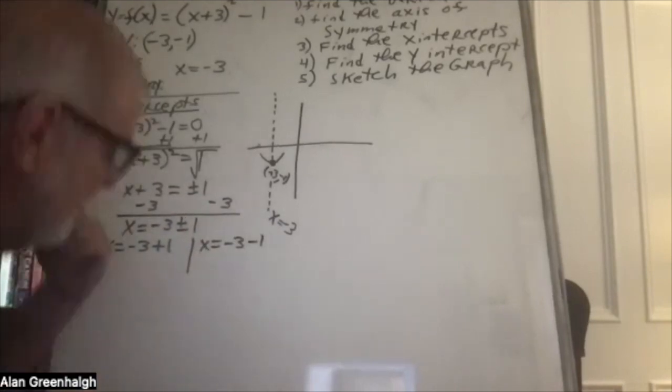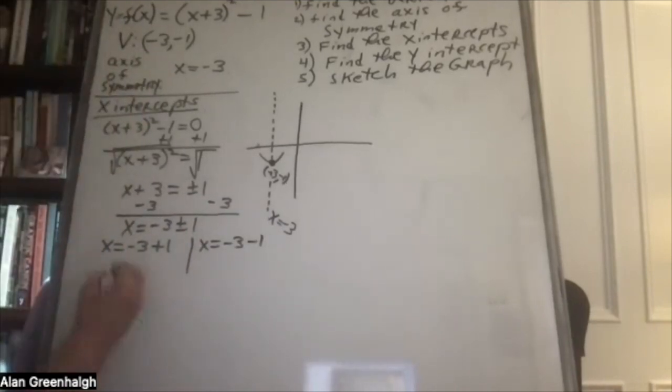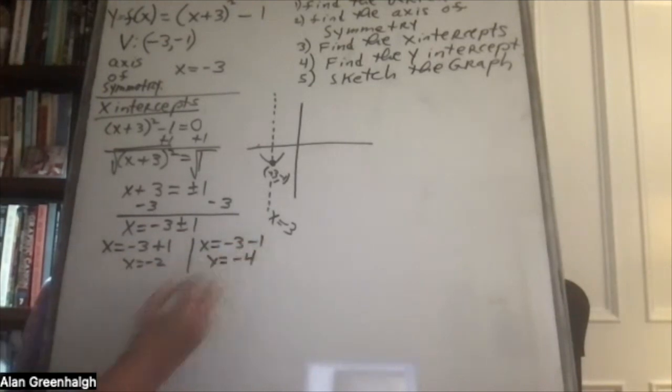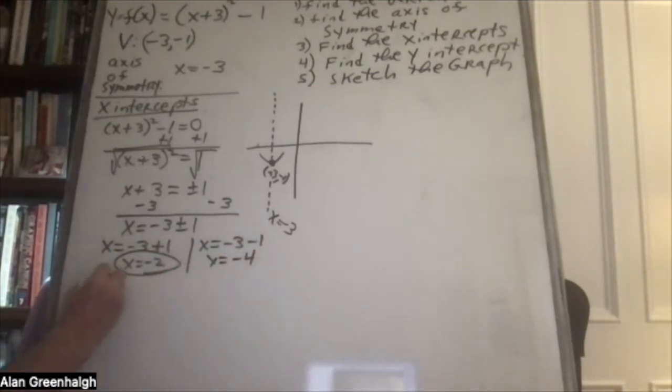Does that make sense? Yeah, it does. Well, let's continue. Let's not get carried away with ourselves. The x-intercept is -2. Yeah, that makes sense. And x equals -4, right? So here's the x-intercept. You can even write it, x-intercept.